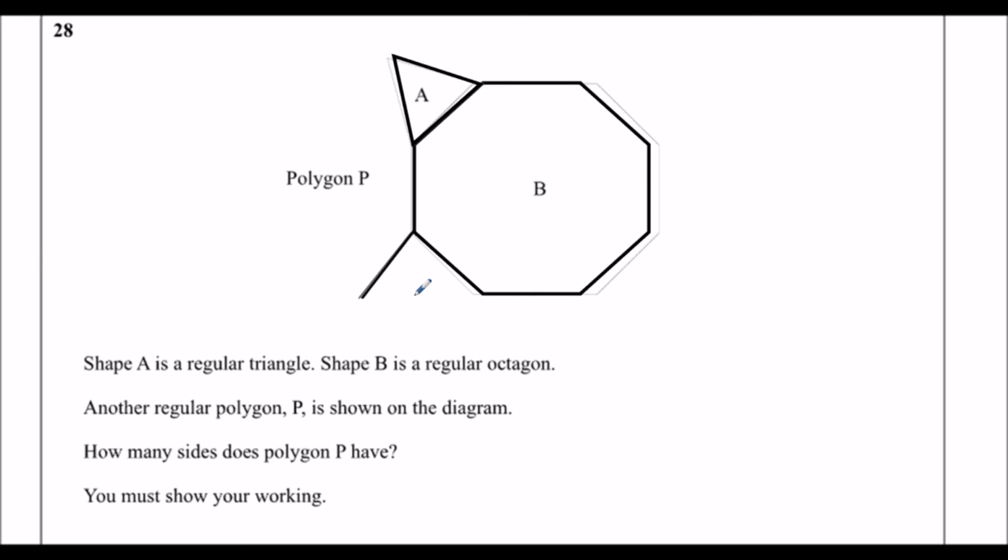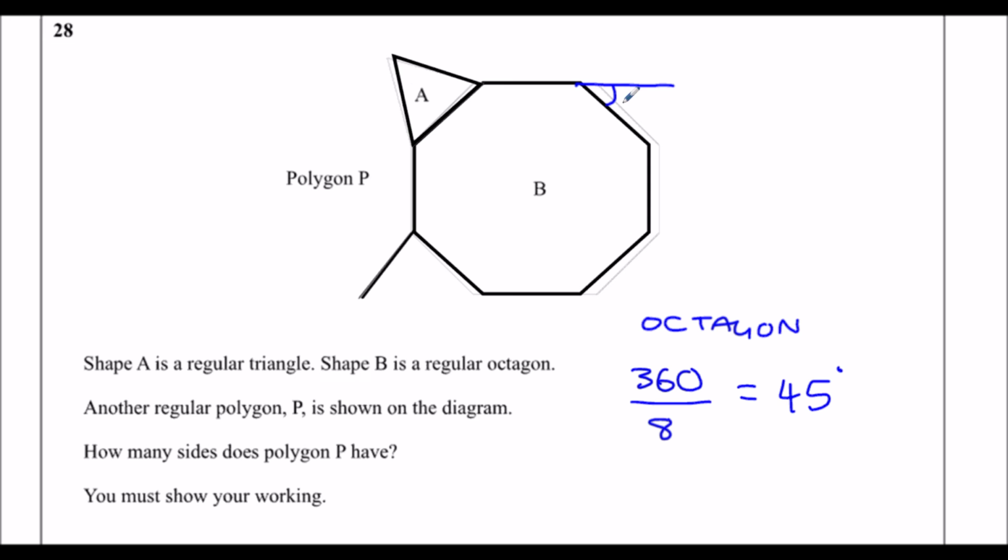So when we've got our regular polygons, to work out an exterior angle, we can do 360 divided by the number of sides. So for the octagon, 360 divided by 8, which is 45 degrees.